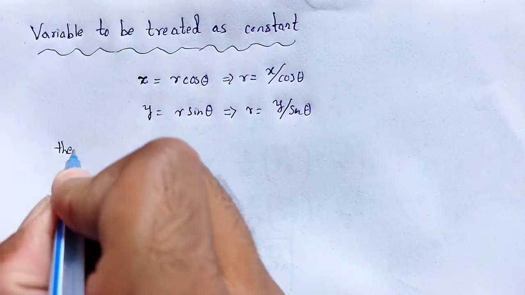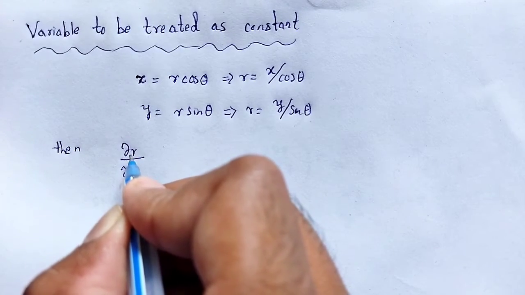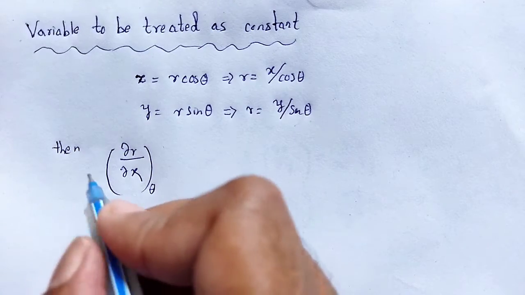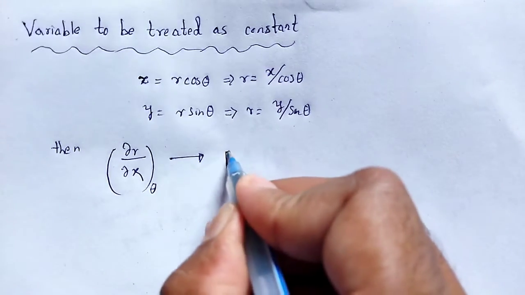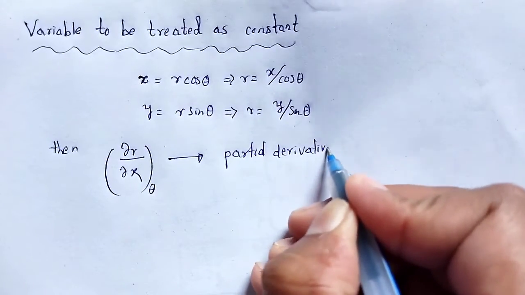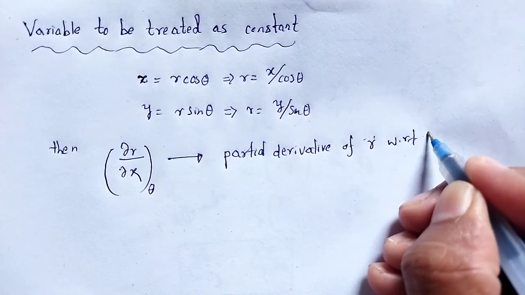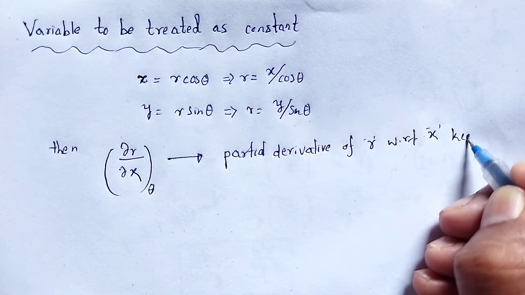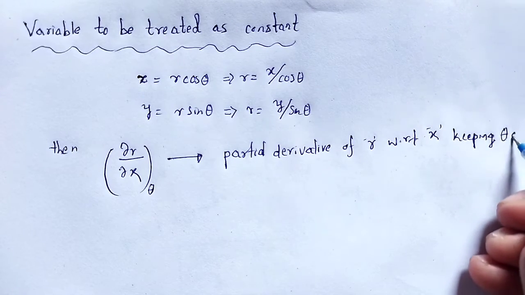Then del r by del x, that is the partial derivative of r with respect to x, whereas theta is treated as constant, keeping theta constant.